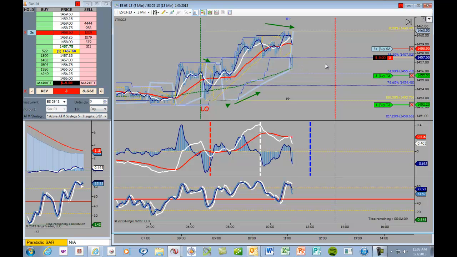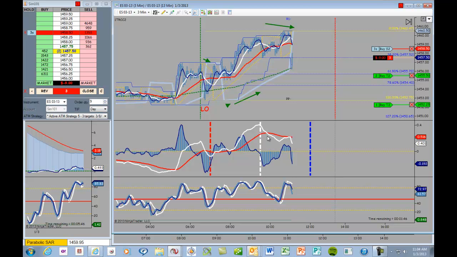So this is not easy to do, folks. It's very trying on the psyche, but let me show you why I did it. First of all, again, long-term MACD bearish the whole time. The long-term stochastic very overbought. When it's overbought, that means sooner or later it's got to come down.